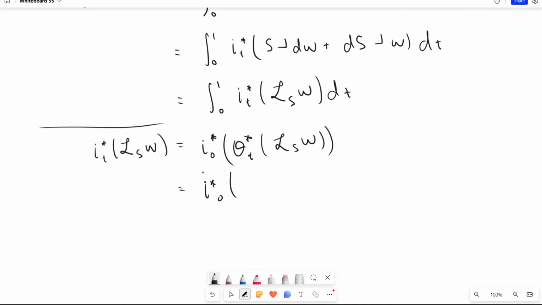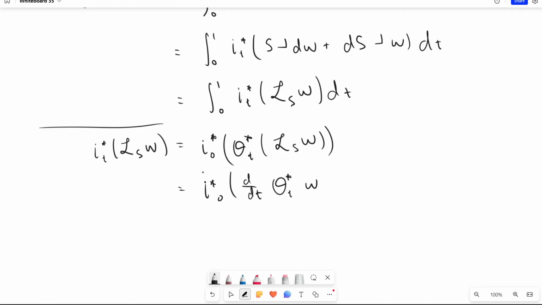So what does this become? I'm combining steps here, but this is d over dt of theta t star of omega.